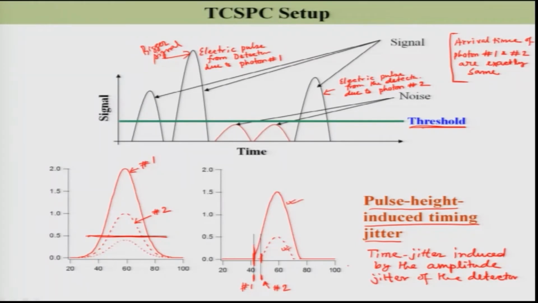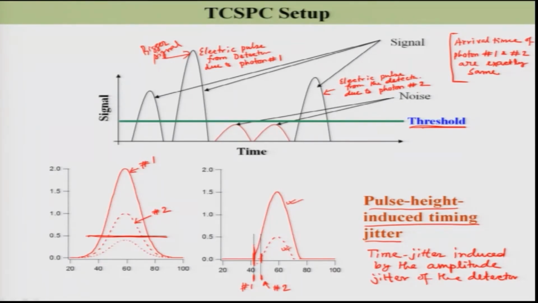So, we have a problem over here. How to solve this problem? This time gap is big, it is not small, about 200, 300 picoseconds, sometimes 500 picoseconds, which means comparable to your lifetime measurements. So, if you do not take this problem seriously, then your lifetime measurement will be too erroneous.